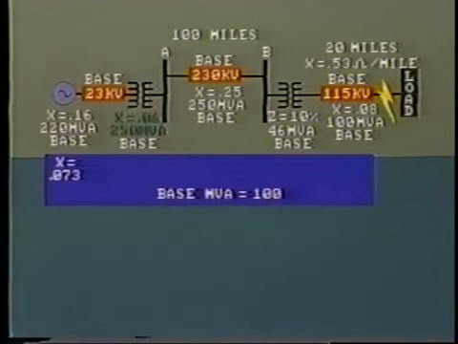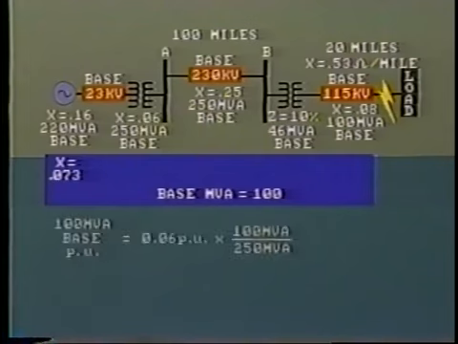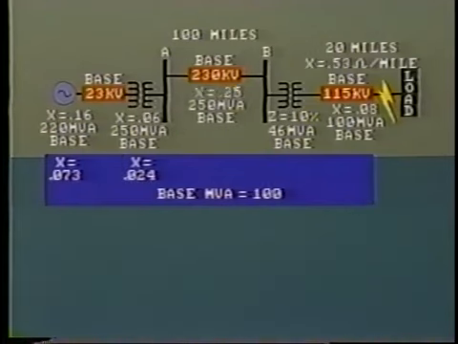Similarly, the step-up transformer reactance, 6%, must be reduced from 250 MVA to 100 MVA base. This gives us 0.024 per unit reactance. The 230 kV transmission line indicates per unit reactance of 0.25 on a 250 MVA base.